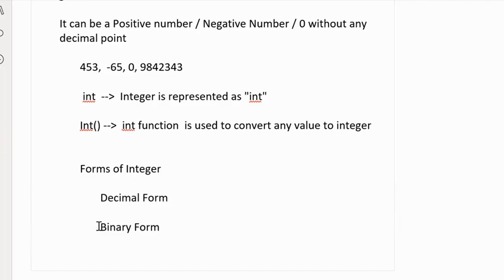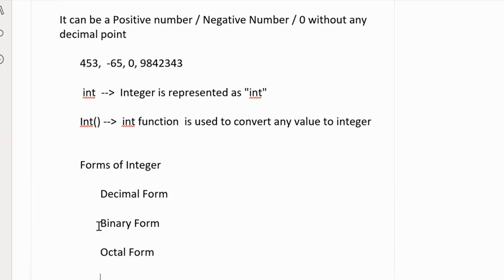Third one is called the octal form. And fourth one is called the hexadecimal form.